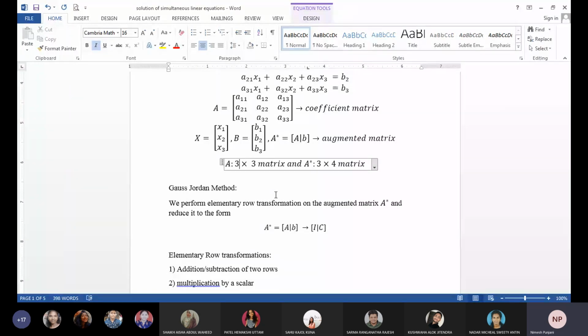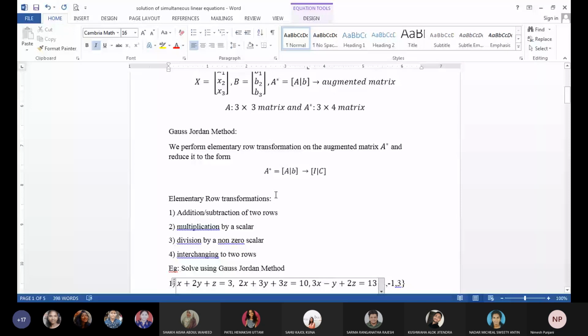What are the valid row transformations? Valid row transformations are you can add or subtract two rows. You can multiply a row by a non-zero scalar. No point telling non-zero scalar क्योंकि अगर zero से multiply किया तो सब कुछ zero हो जाएगा. Then there is no point in doing that calculation.